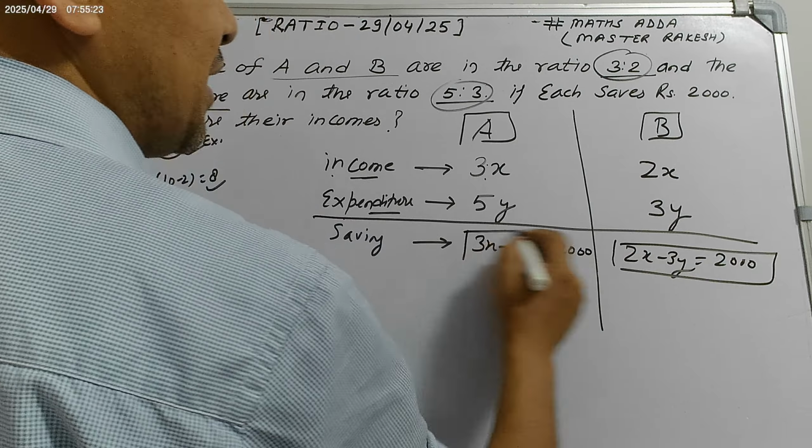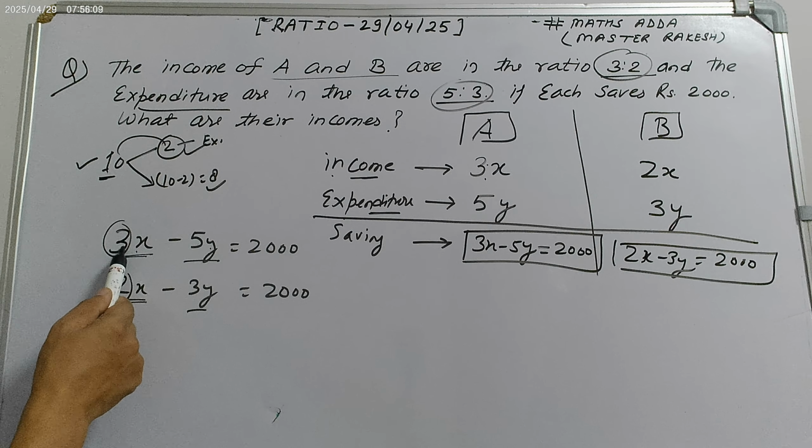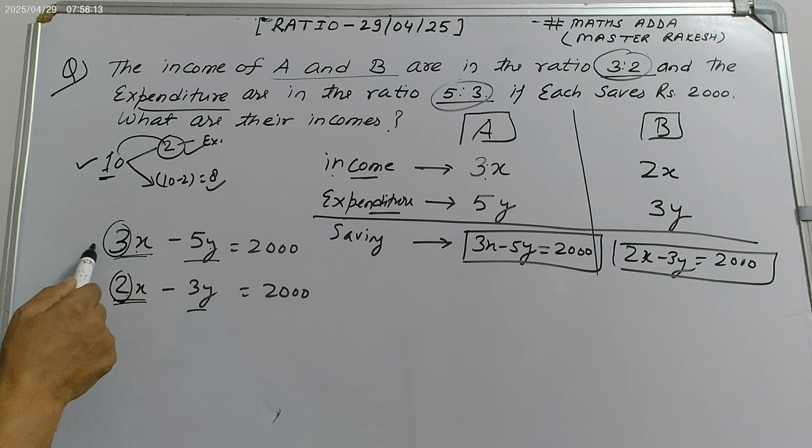Either this one should be equal, or this one should be equal. Your choice. So how will you make it equal? You multiply this equation by 2, and you multiply this equation by 3.